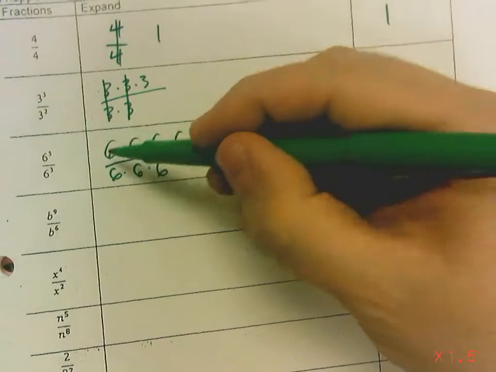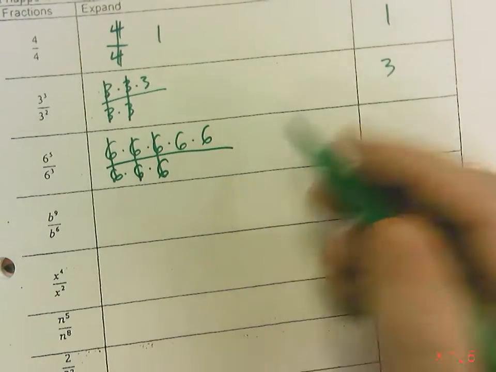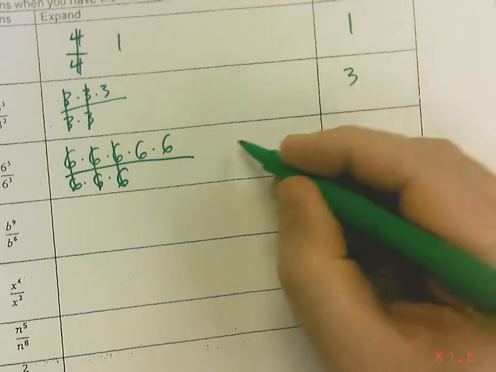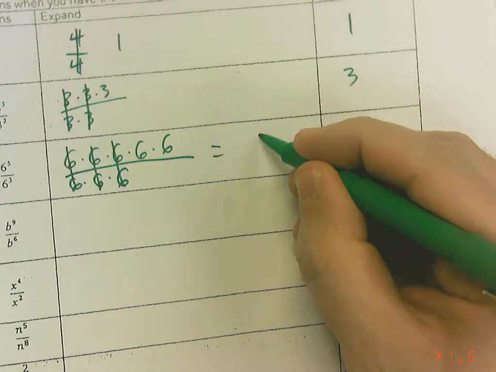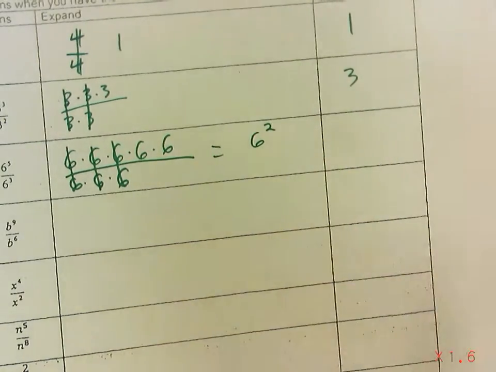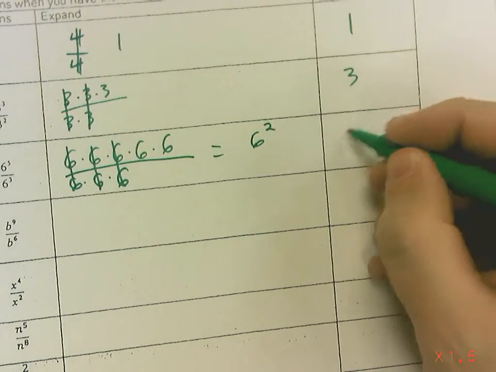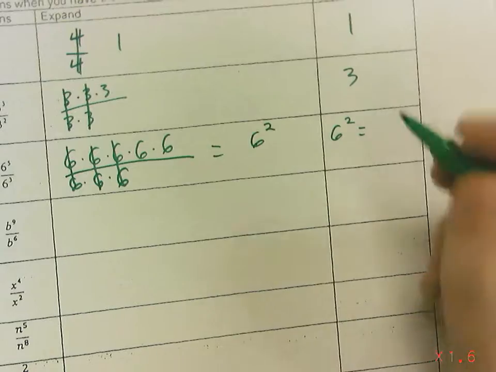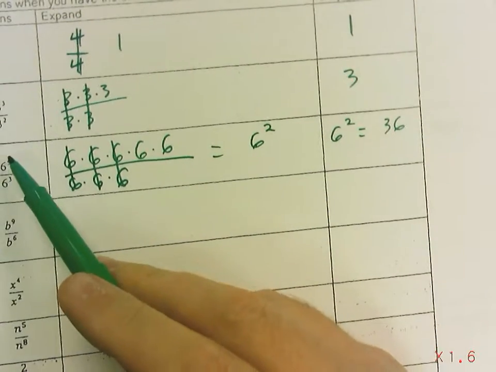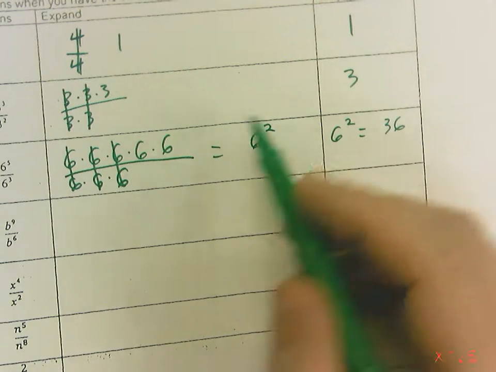When we cancel them out, this 6 would cancel out that 6, and I'm left with 6 to the 2nd power, and there's nothing underneath except for 1, which you don't really need. When you simplify, 6 squared would become 36.